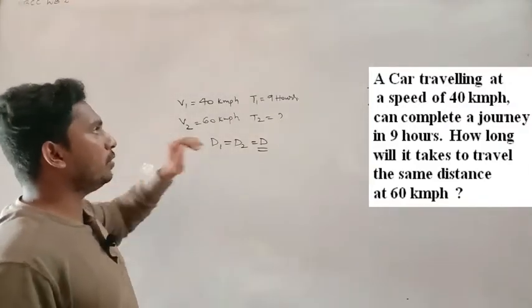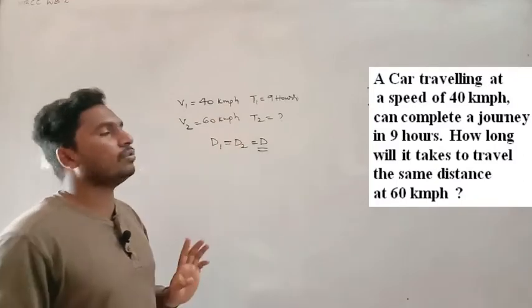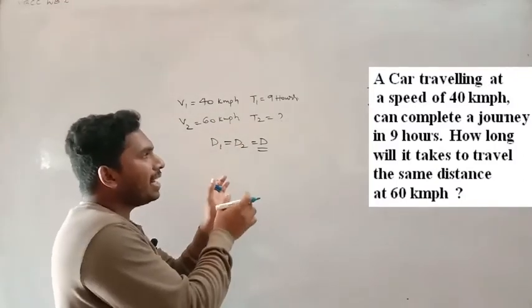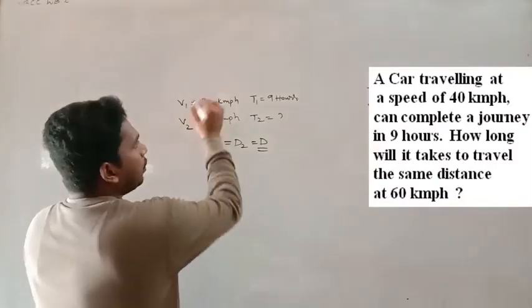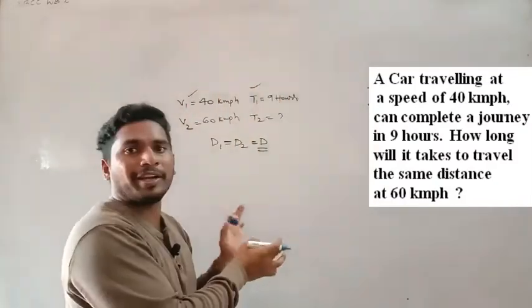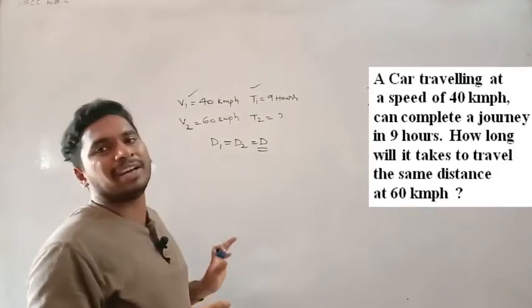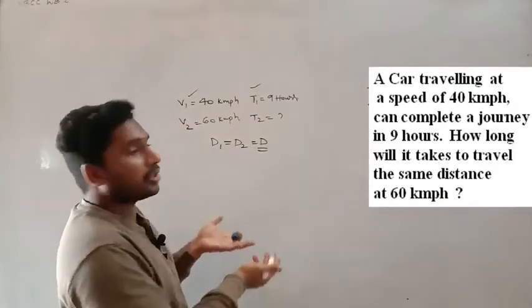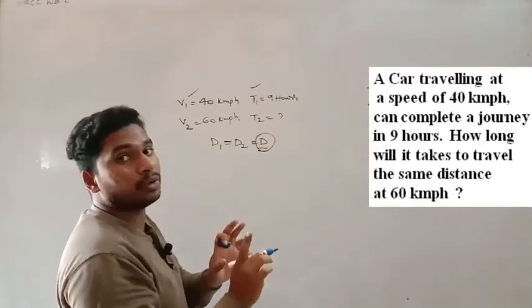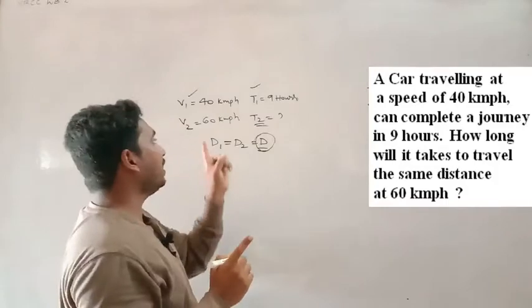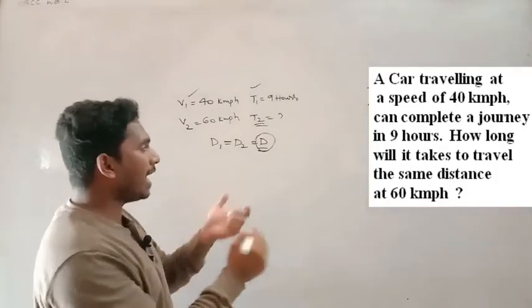Only v1, v2, t1 are given, and they are asking to find t2. You need not find the distance. If you knew these two, you could easily find the distance, but that is not the case. They are not asking for the distance. They are asking to find the time to travel if the speed is 60 km/h. You can directly do that.